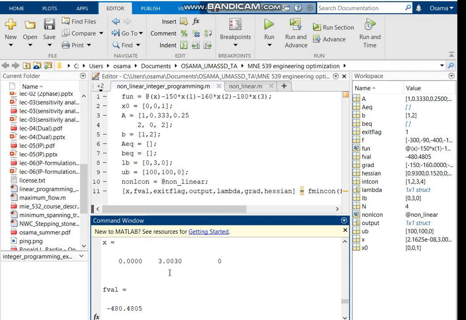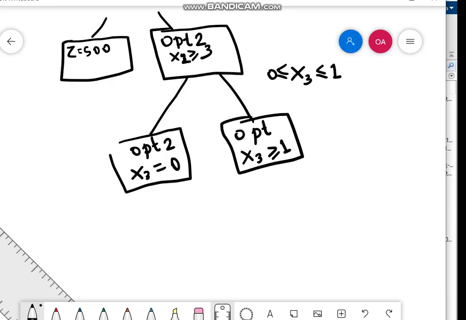So right now it gives us another problem over here, so we need two new branches. It's solved for x3, but we have a problem now with x2. So x2 should be between 3 and 4.